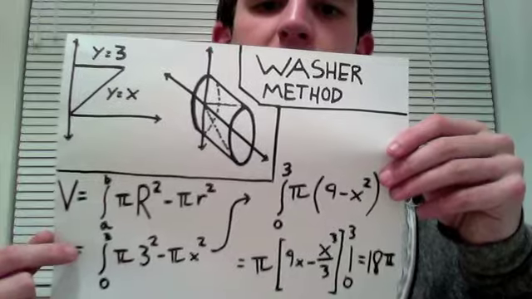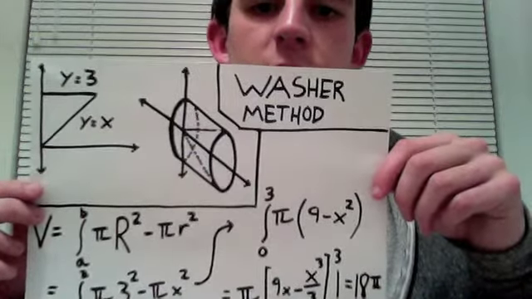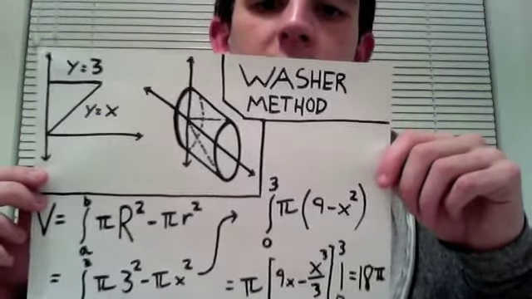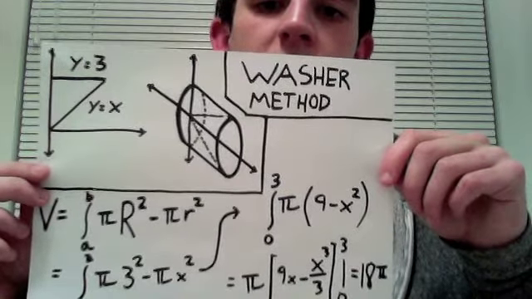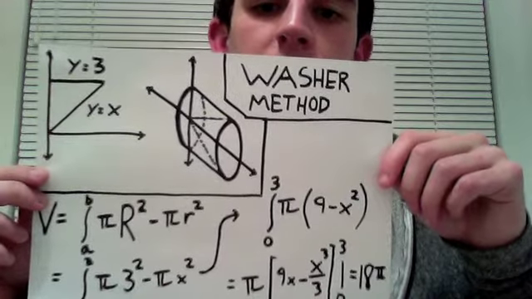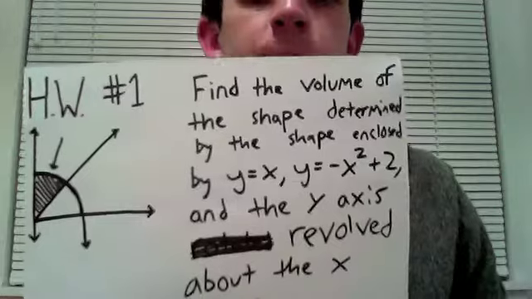You can simplify that, right here, from 0 to 3, pi times 9 minus x squared. And so when we do all the work, you can pull out the pi, and then the antiderivative is 9x minus x cubed over 3, evaluated from 0 to 3, so the answer is 18 pi.